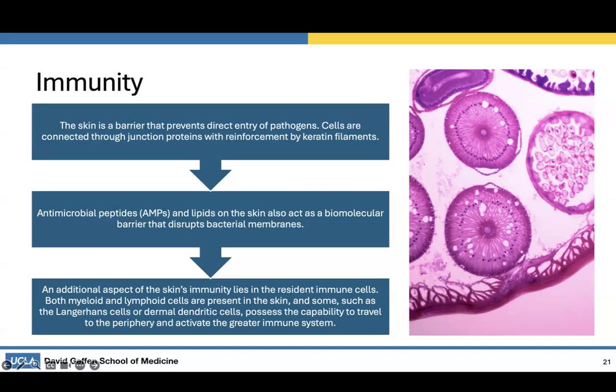Lastly, an additional aspect of the skin's immunity lies with the resident immune cells. These cells, known as myeloid and lymphoid cells and Langerhans cells, possess the ability to travel to the periphery and activate the greater immune response, which includes inflammation.